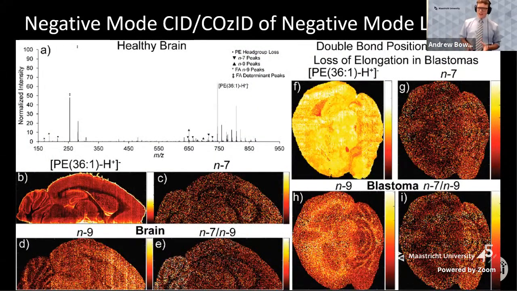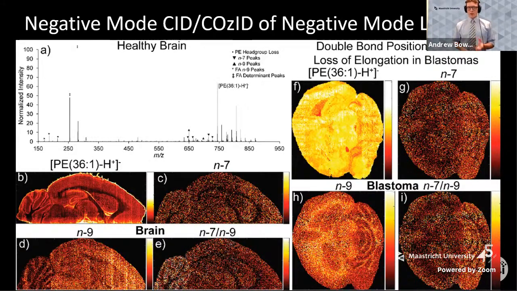And then the last set of experiments that we're able to perform and include in this thesis is our negative mode CID-OzID of negative mode lipids. This is unique, as far as I'm aware, in the first set of mass spectrometry imaging data sets to show negative mode OzID. And in this case, we're able to look at a number of different lipids.